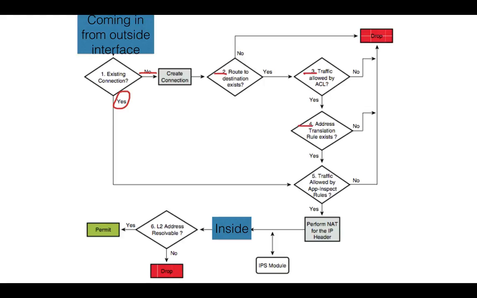So typically we're going to be translating from the outside IP address we have to an inside host. So that's one of our IPv4 problems that we have. Fifth thing, if we have it turned on and if it's enabled, we can actually do application inspection rules. You might have heard of application inspection as layer 7 or next gen firewall filters. Basically it's another layer of security.